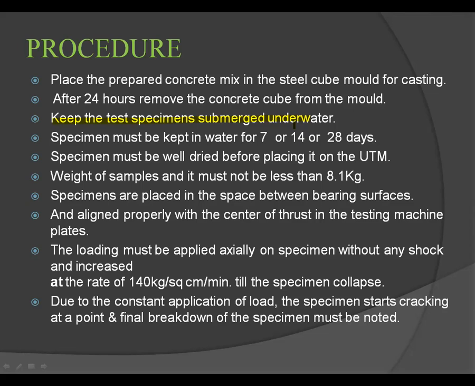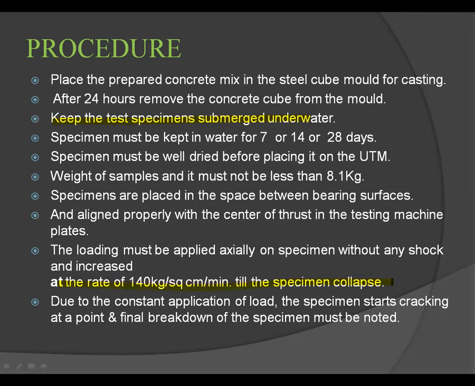The concrete cube is placed on the bearing plate and aligned properly with the center of thrust of the testing machine plate. The load must be applied axially on the specimen without any shocks, and increased at a rate of 140 kg per square centimeter per minute till the specimen collapses.